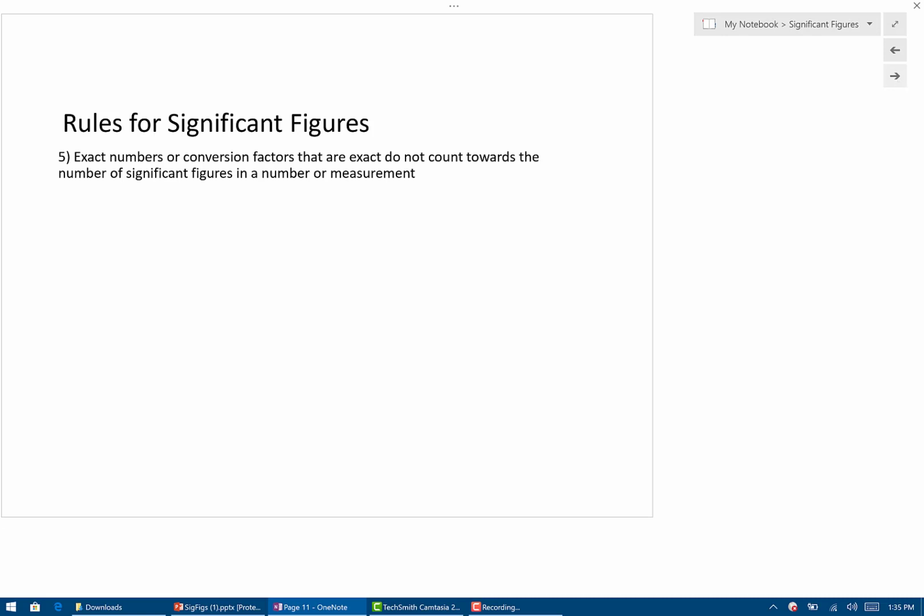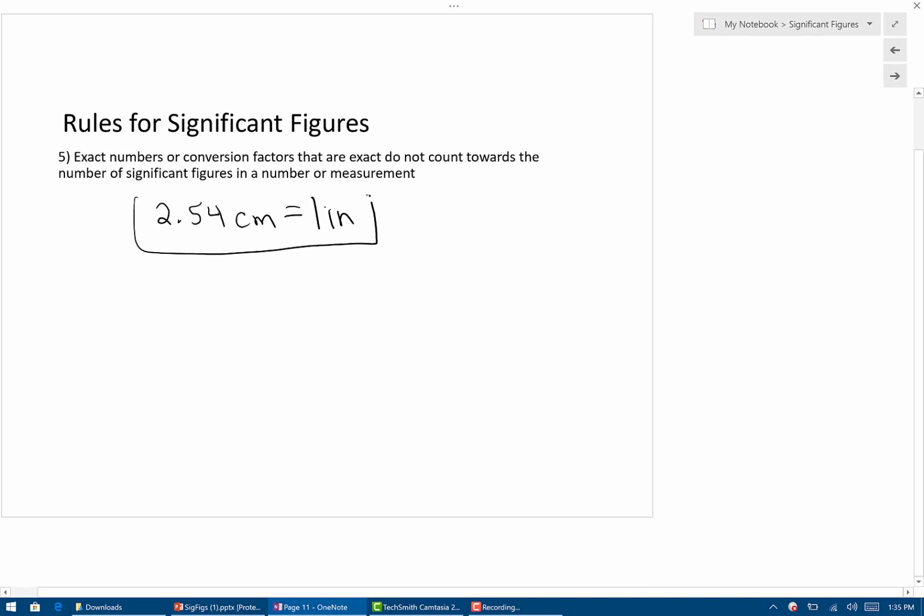Like if we're using a conversion factor of 2.54 centimeters equals 1 inch, we'll see later how our number of sig figs can limit how many significant figures we can report in our answer, but conversion factors like these are not going to limit us. And we'll talk more about that when we get to considering significant figures in our calculations.